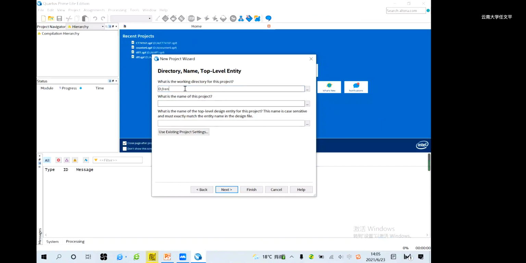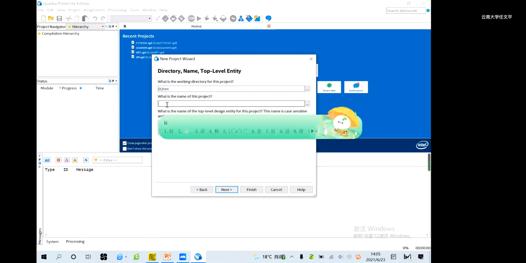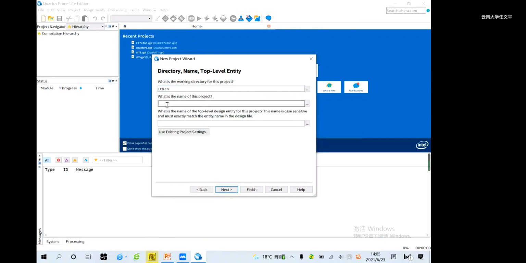I will put the project in this folder. Half add.